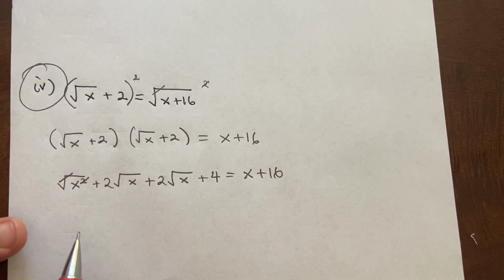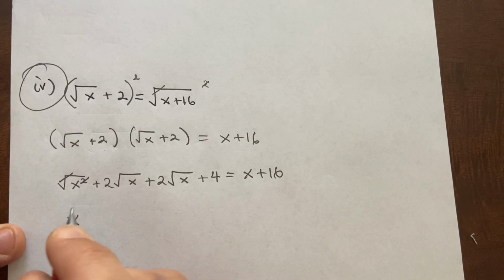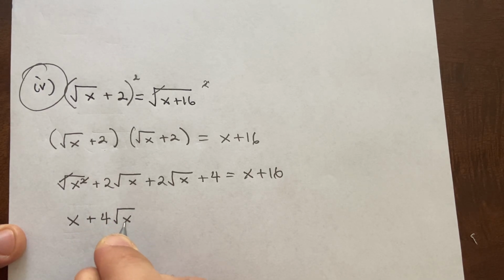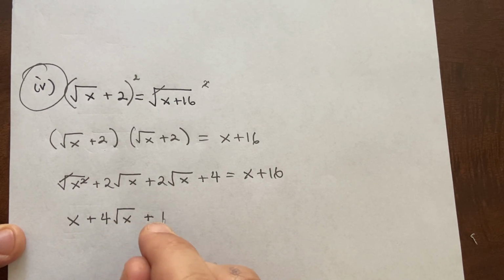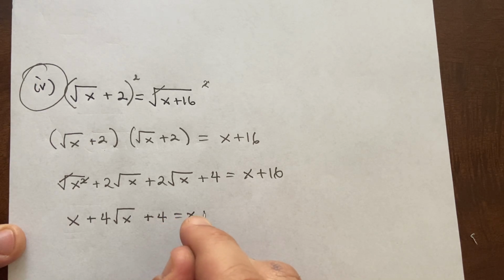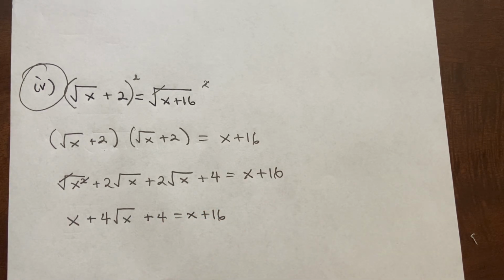This cancellation occurs. Technically, I would need absolute value, but we're going to check our answers anyways. So plus 4 root x plus 4 equals x plus 16. It still has a root in this equation.